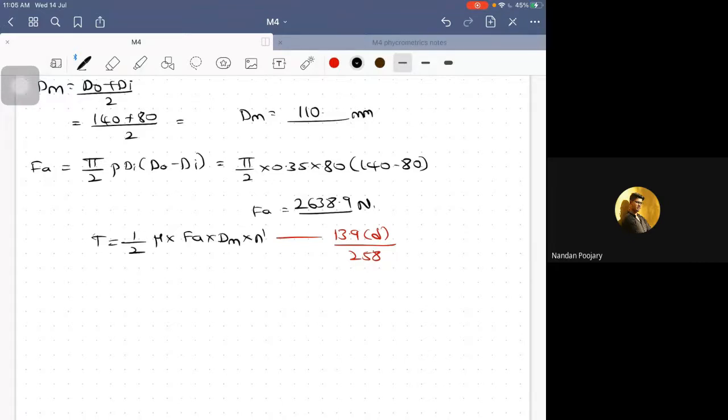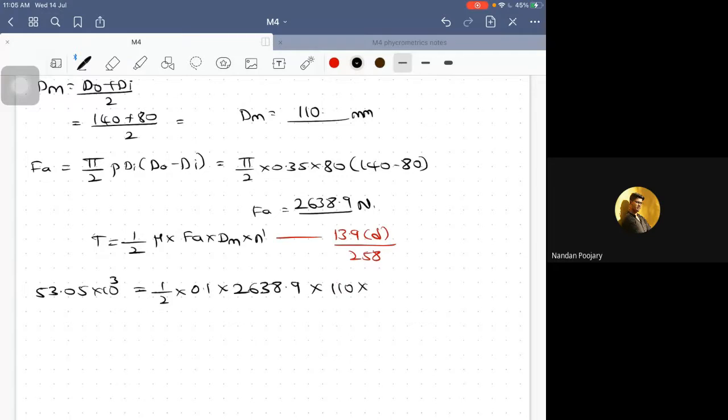You will get 53.05 into 10 to the power of 3, that is equal to half times of mu value is 0.1, Fa value is 2638, Dm value is 110, cross n dash.